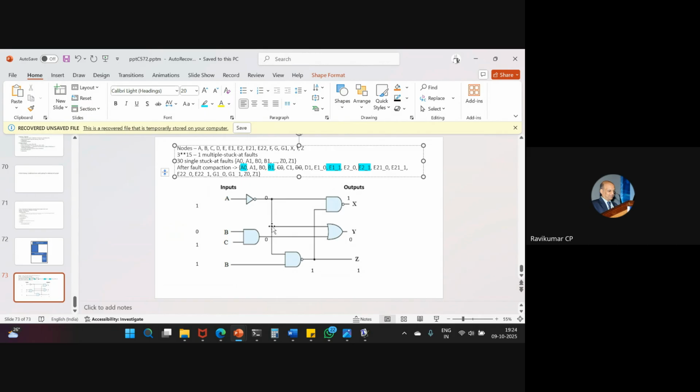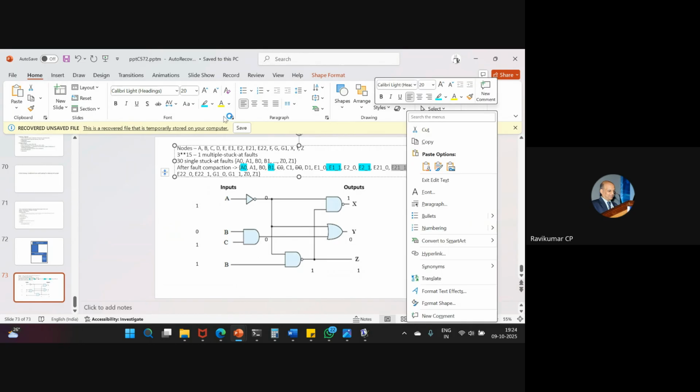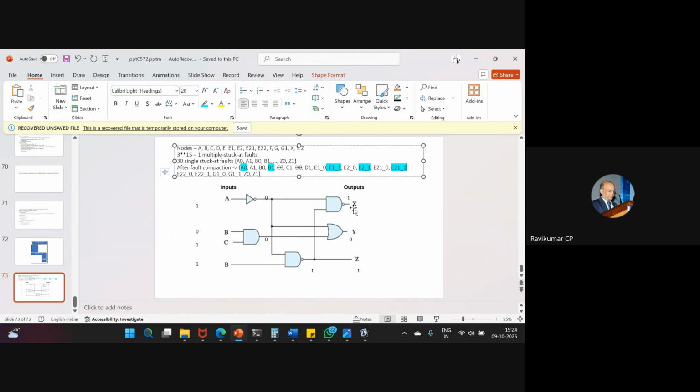We call this E2 and this one as E2 0 and E2 1. If E2 1 is stuck at 0, it doesn't matter because it's already 0. In a good circuit also it is 0. On the other hand, if E2 1 is stuck at 1, it will get detected because y is going to change. So any one of the outputs, if it changes, we can observe.